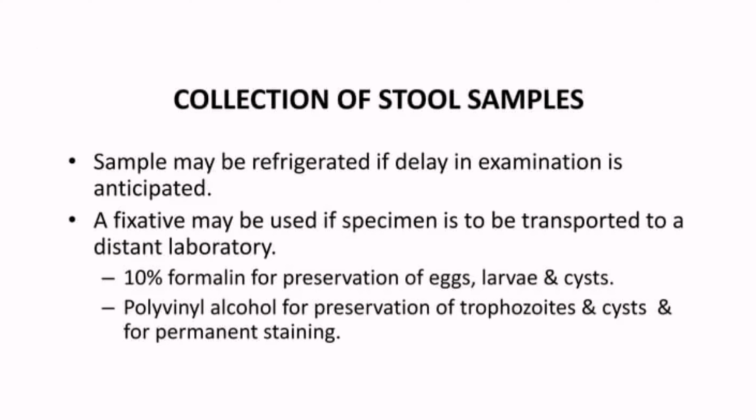Stool sample may be refrigerated if there is delay in examination, or a fixative may be used if the specimen is to be transported to a distant laboratory. So this fixative may include 10% formalin for preservation of eggs, larvae, and cysts, polyvinyl alcohol for preservation of trophozoites and cysts, and for permanent staining.